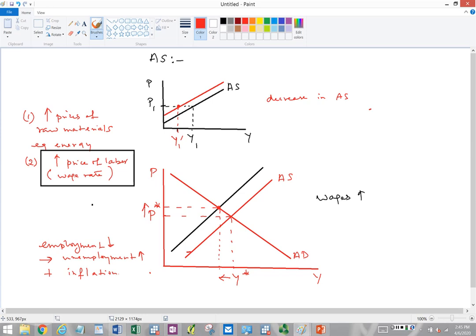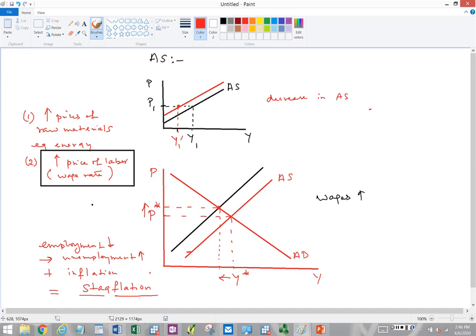And these two together are called the phenomena of stagflation. Stag as in a stagnating economy, or an economy that isn't growing, for instance. Real GDP is decreasing instead of increasing. Stagnation of the economy, plus inflation, stagflation.